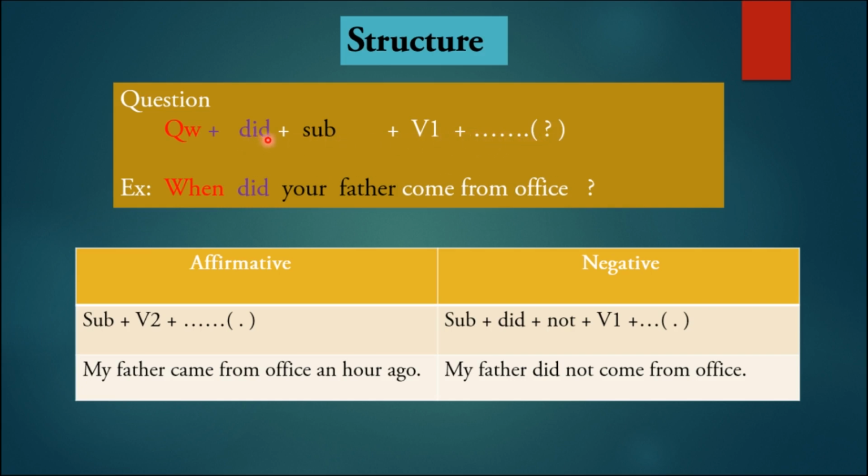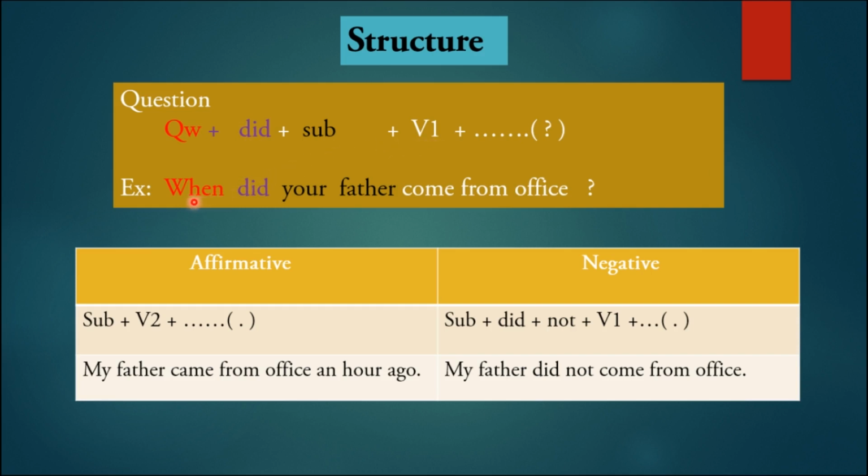Look here, this is did. Do, did, done are the verb conjugations. In simple past tense structure we use did. The verb is in present form in question structure.